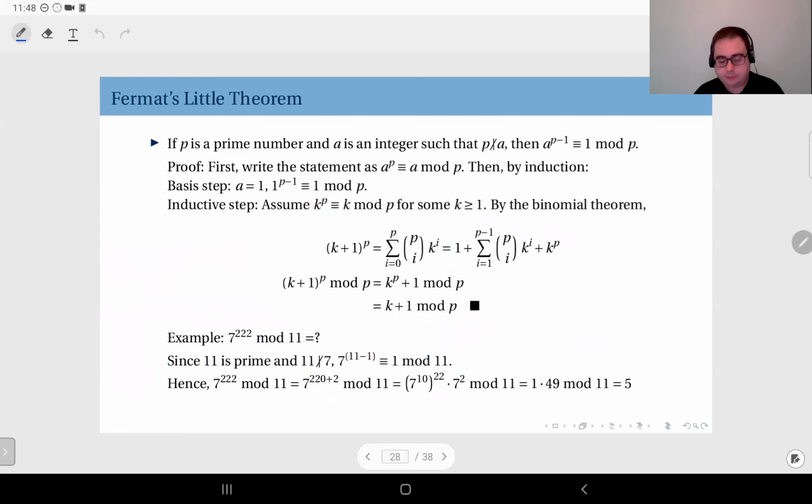First, let's see an example regarding exponentiation here. Let's compute 7 to the power 222 modulo 11.